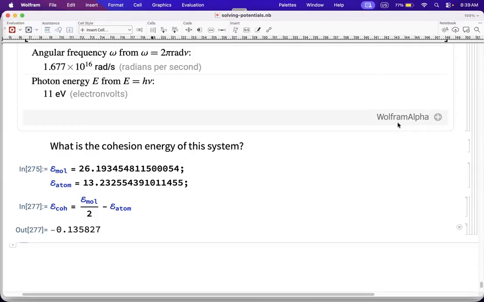If you divide this by 2 and compare with this, we are going to see this divided by 2 is lower than this. So the energy of the atom is here, and the energy of the molecule is here. The energy of the atom is a little bit higher than the molecule per atom. So if you subtract this value minus this, it's going to be negative.